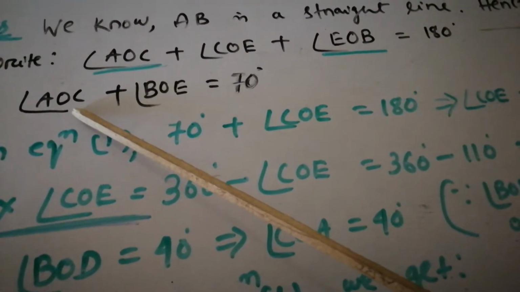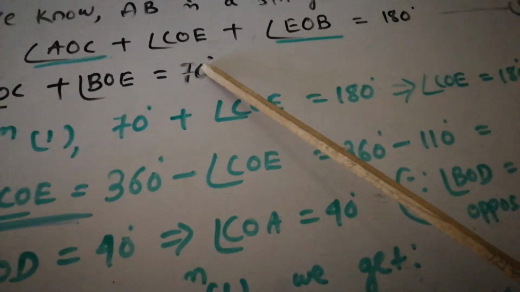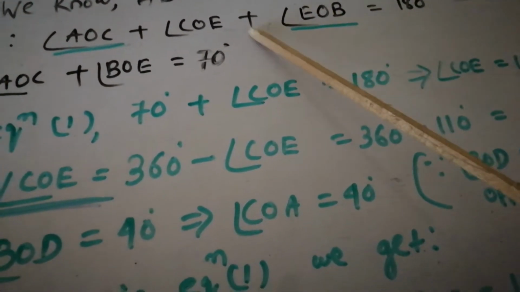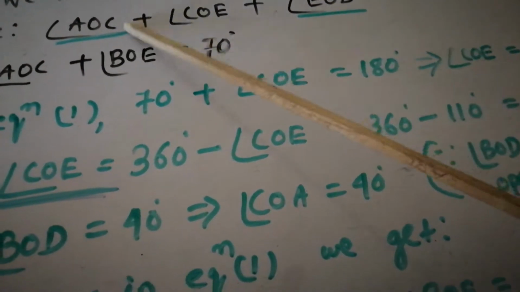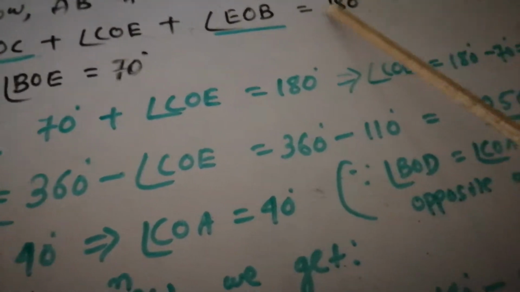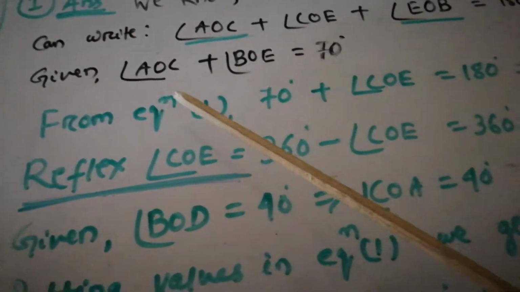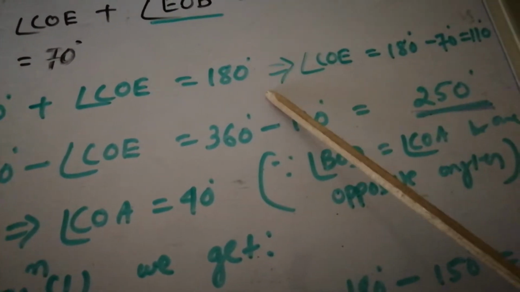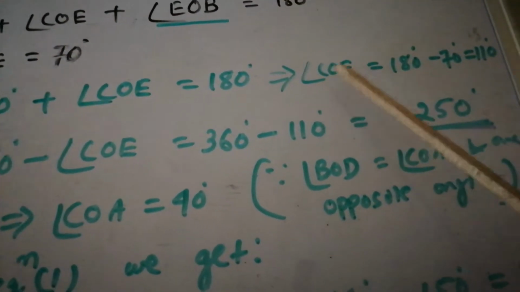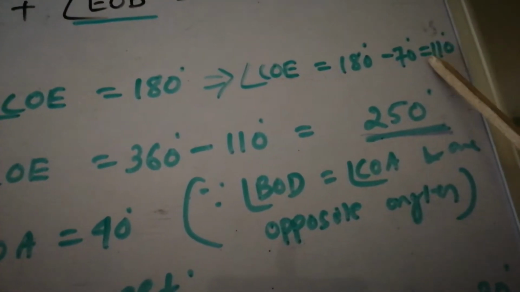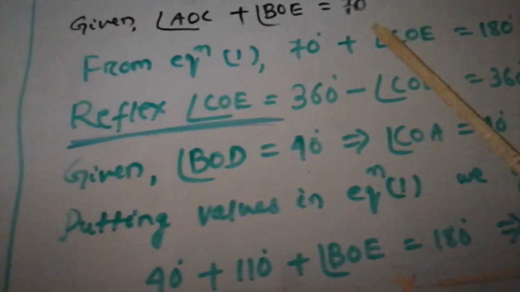Because given that AOC plus BOE equal to 70 degree, we can write 70 degree plus angle COE equal to 180 degree. This implies angle COE equal to 180 degree minus 70 degree equal to 110 degree. Fine.